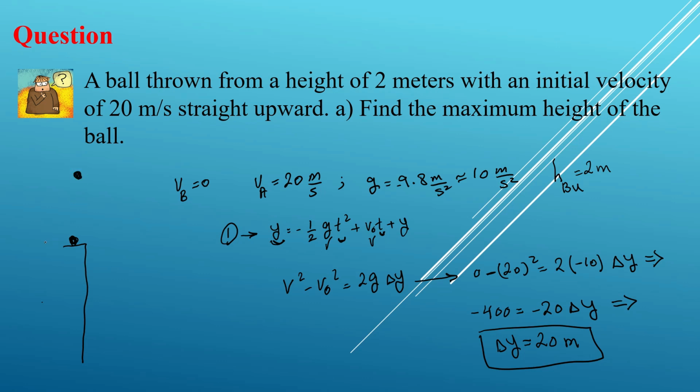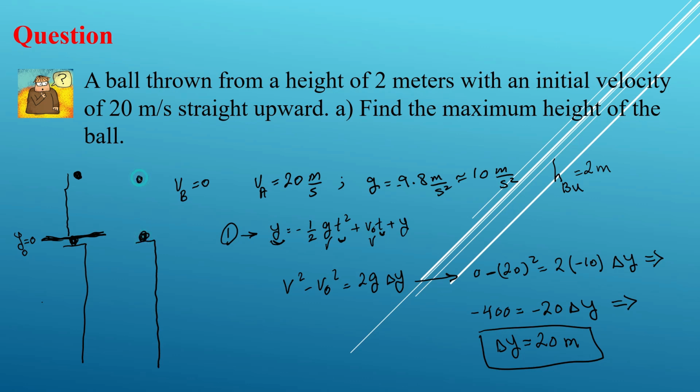So if I take my origin here, then my y initial is going to be 0, and then I can add the height on top of this. However, I can have another choice. The other choice would be this guy right here. I have a ball here.